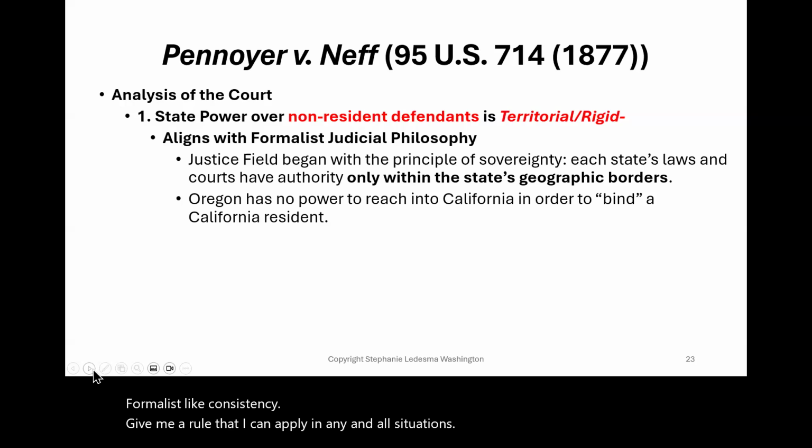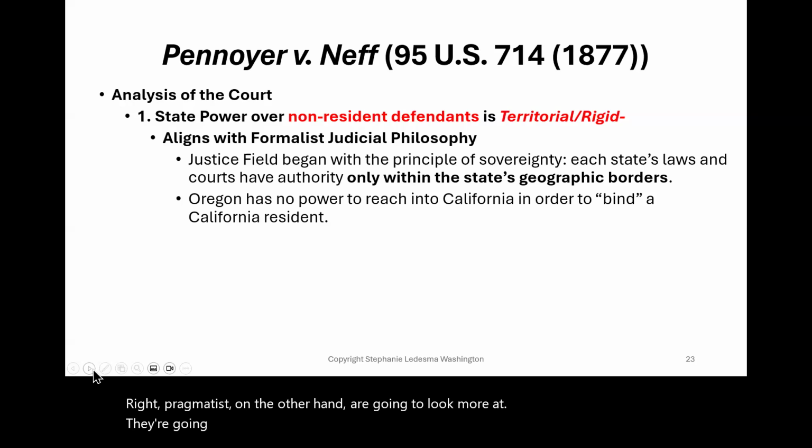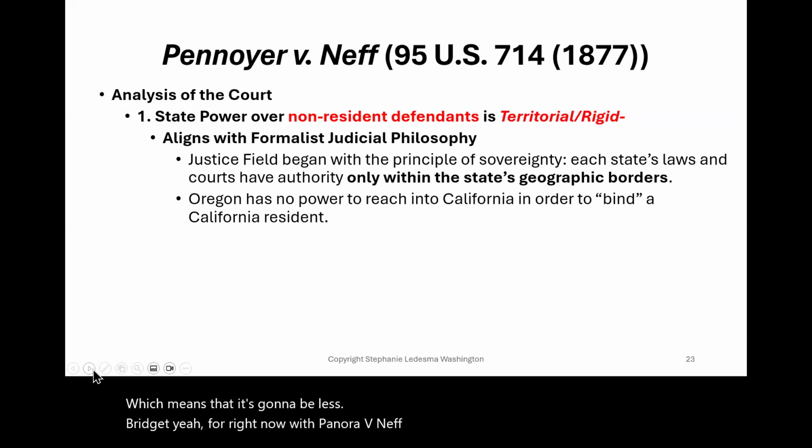That's what you got with Pennoyer v. Neff. Geographical boundaries is it, right? Pragmatists, on the other hand, are going to look more at balance. They're going to look at fairness, which means that it's going to be less rigid. Right now, with Pennoyer v. Neff, we have the formalist speaking.